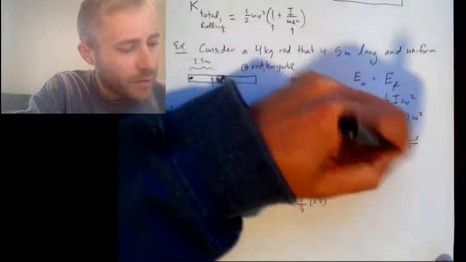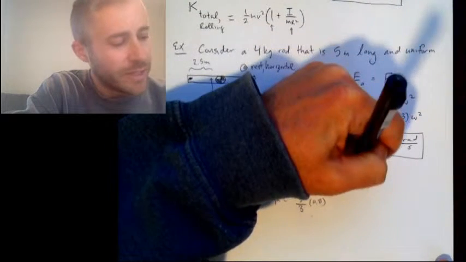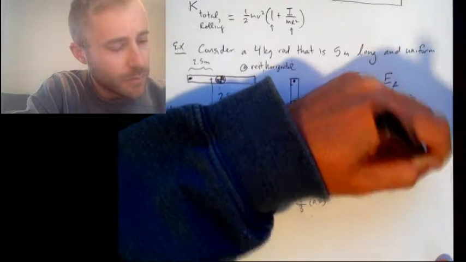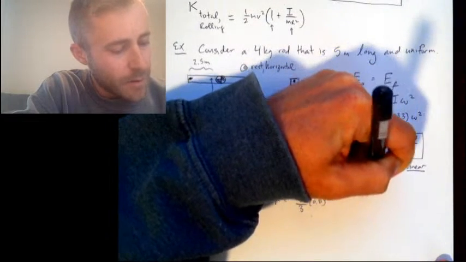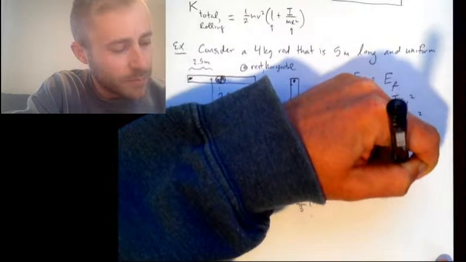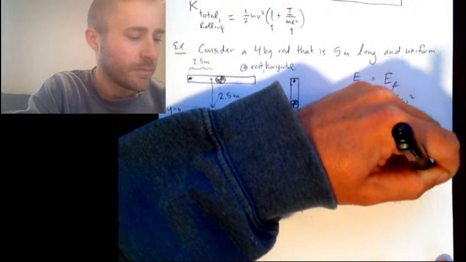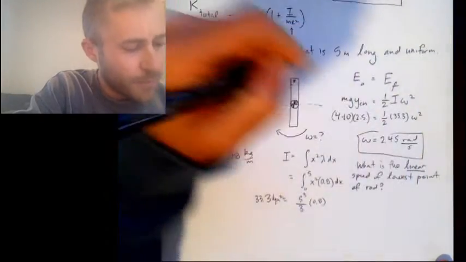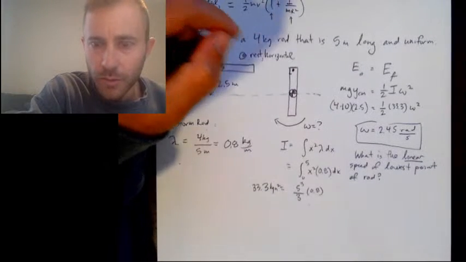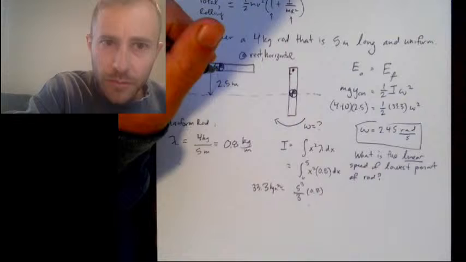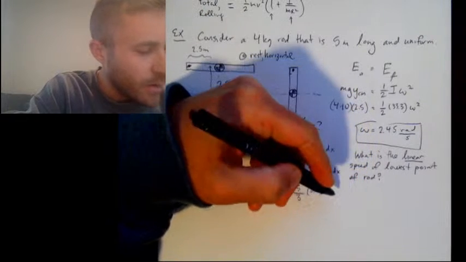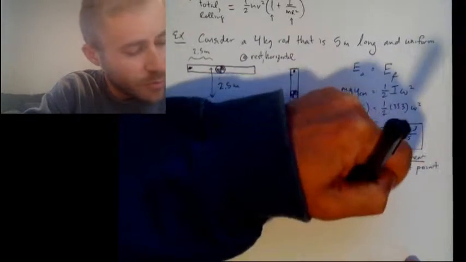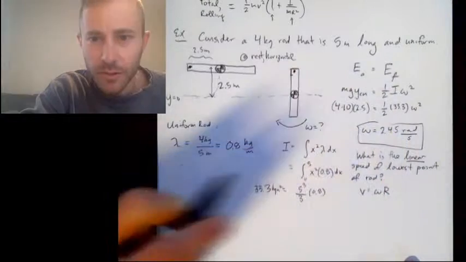And then I could go on to ask a question like, for example, what is the linear speed of the lowest point of the rod? To do that, you could use that linear speed is omega times r, where r is the distance from the pivot point.